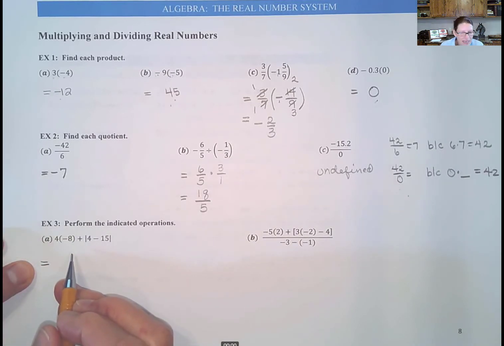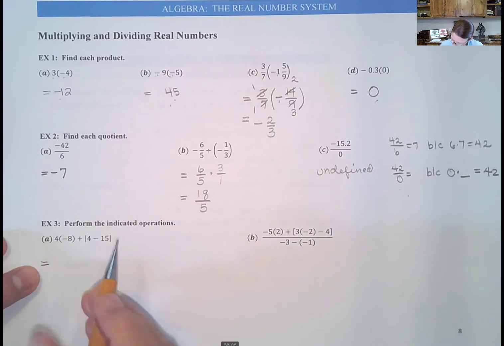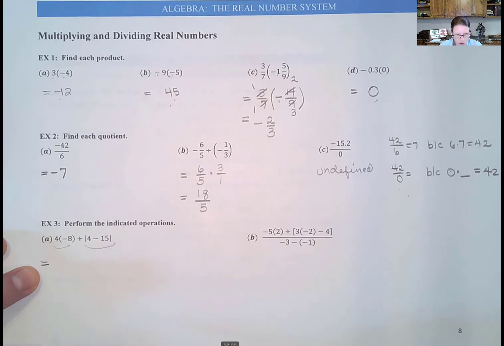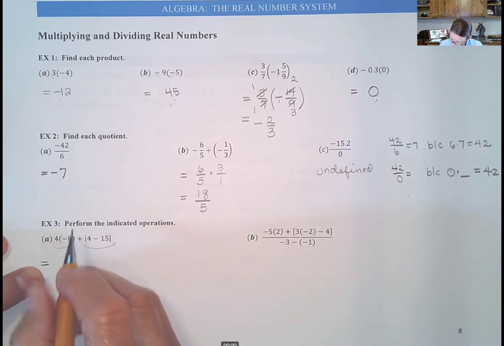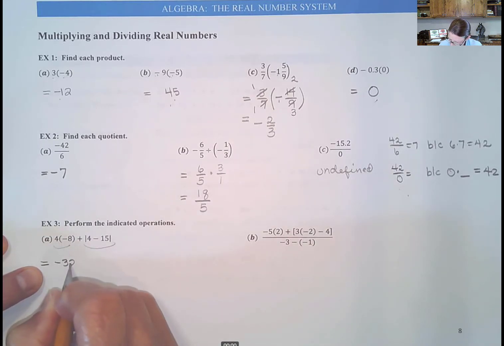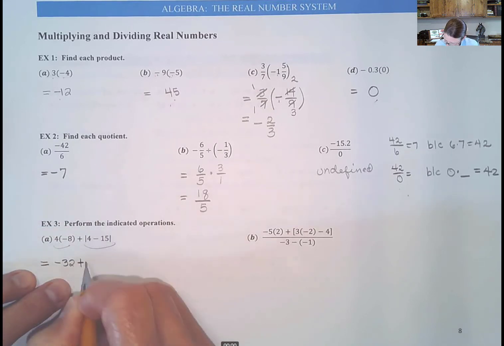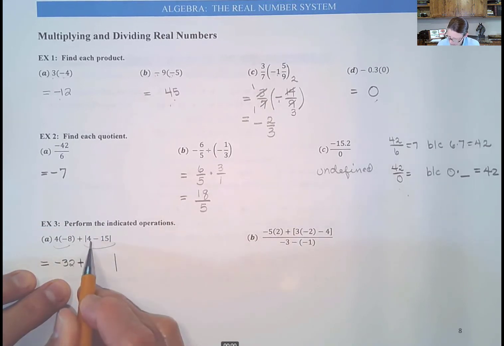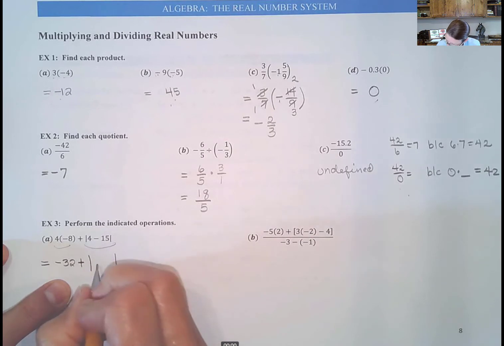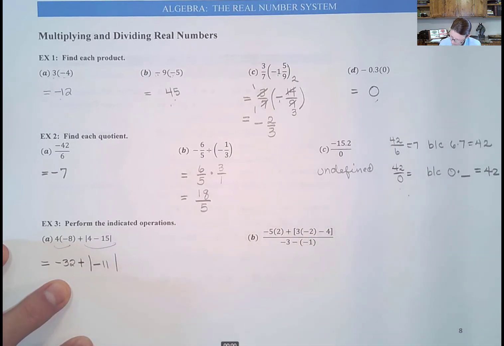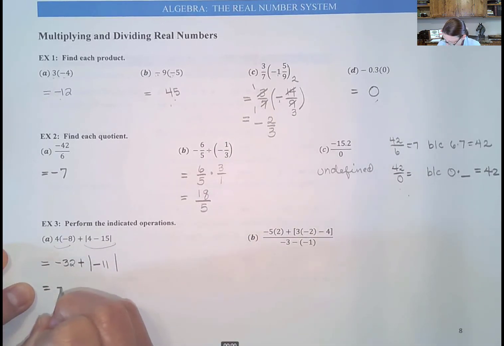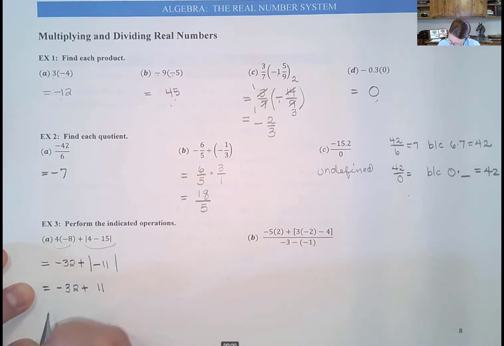Example 3, part A, still using the order of operations here, and we essentially have a couple terms to deal with, don't we? 4 times negative 8 is negative 32. Now these are absolute value bars, and 4 minus 15 is negative 11. The absolute value of negative 11 is positive 11.